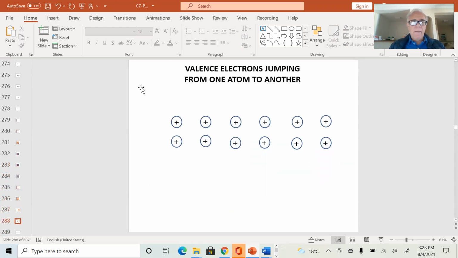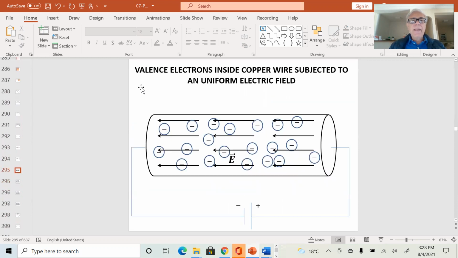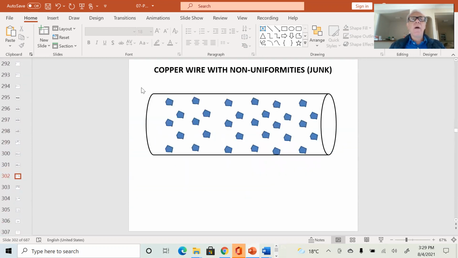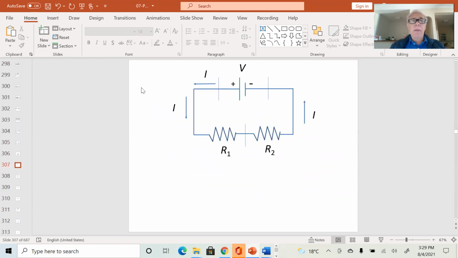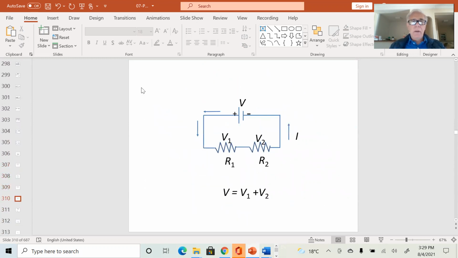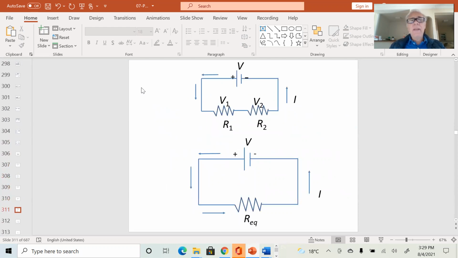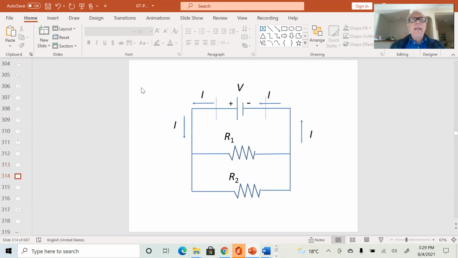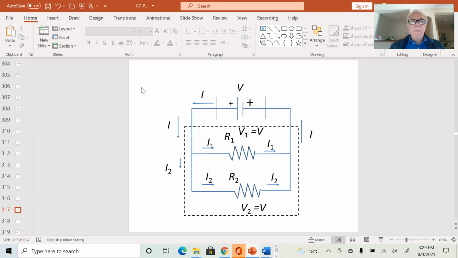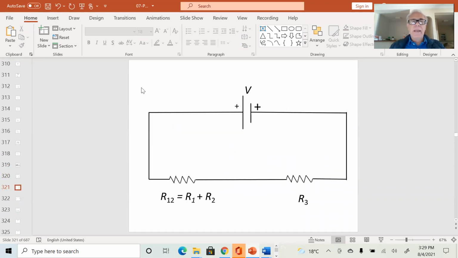Okay, we did that. So the next step would be Kirchhoff loop law. In the book, they cover Kirchhoff loop law before they cover resistors and capacitors in series and parallel, okay? Most books don't do that. Most books first cover resistors in series and parallel, resistors and capacitors in series and parallel, and then they cover Kirchhoff loop law. Kirchhoff loop law is more generic.